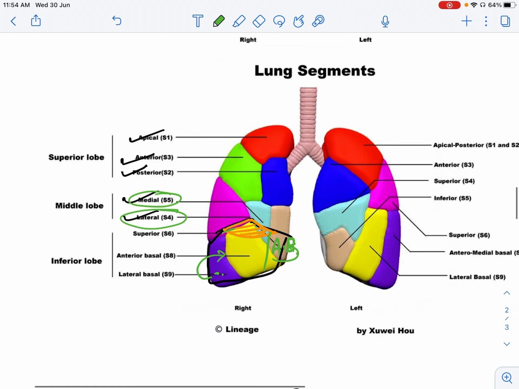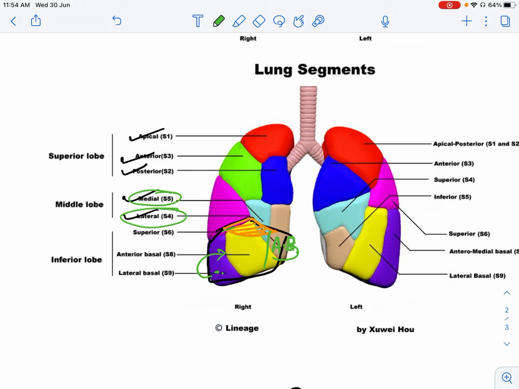It is quite simple. 10 bronchopulmonary segments on each side. Superior has 3, middle has 2, inferior has 5 on each. The middle lobe is absent on the left side, so it corresponds to the lingular lobe. Superior lingular and inferior lingular correspond to the lateral and medial bronchopulmonary segments of the middle lobe of the right side.